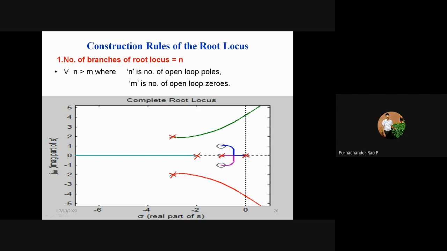That means this root locus branch, which is given by the blue line, is 1. Okay, and this purple line is root locus branch 2, and this one is root locus branch 3. This one is root locus branch 4, and this is 5. So always for any given system, the number of root locus branches is equal to the number of open loop poles.